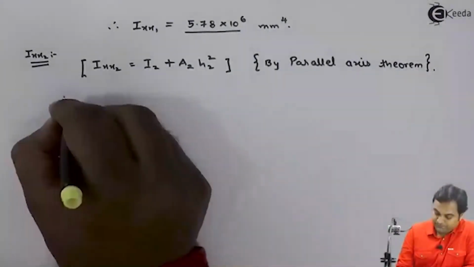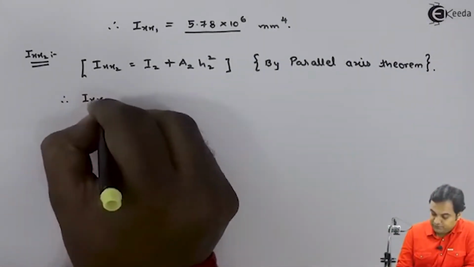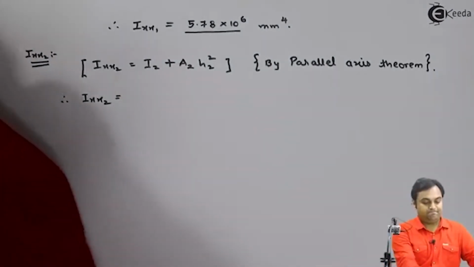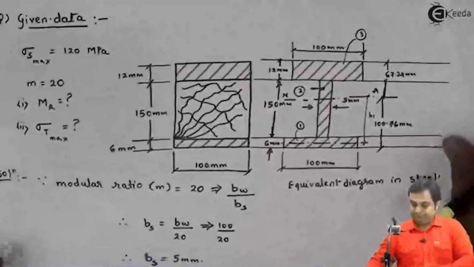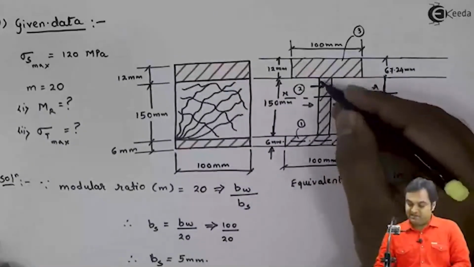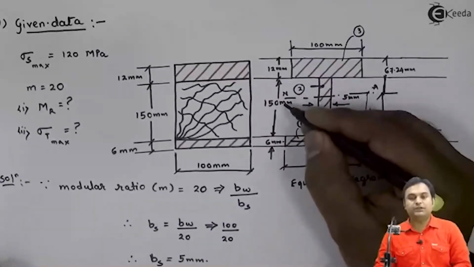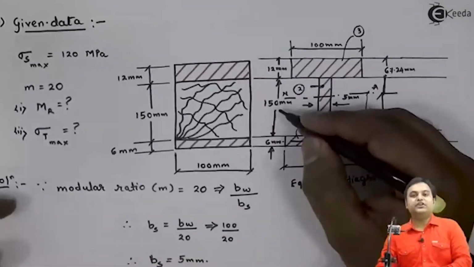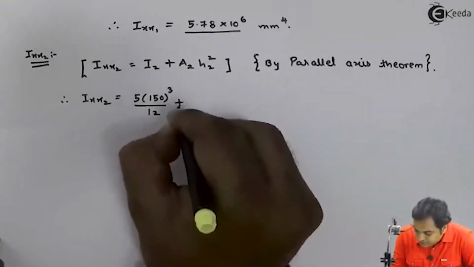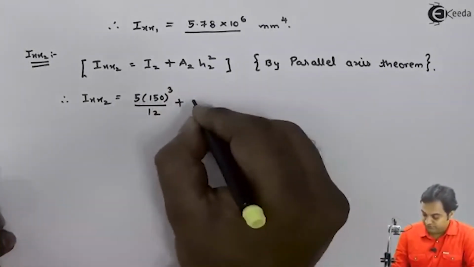So therefore Ixx2 will be equal to I2, that is for the second rectangle. The second rectangle is having width 5 mm. Its height is 150. So bd cube by 12, that is 5 into 150 cube divided by 12. Plus area 2 is 5 into 150.